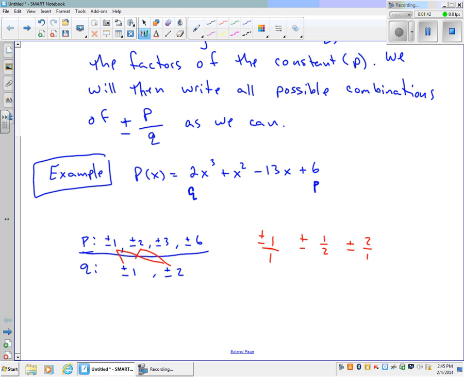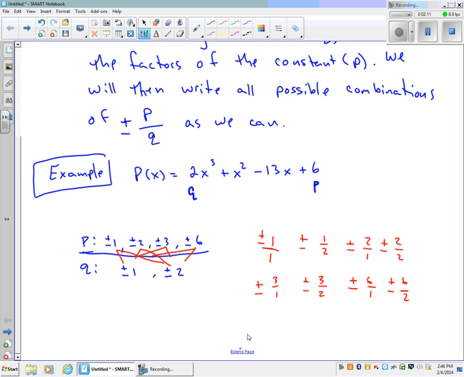And then we're going to do 2 over 2, positive and negative 2 over 2. And we continue doing that. So 3 over 1, positive, negative, 3 over 1, and then the 3 over the 2. So positive, negative, 3 over 2. And then we do 6 over 1, positive, negative, 6 over 1, and then finally the 6 over the 2, and we get positive and negative 6 over 2.